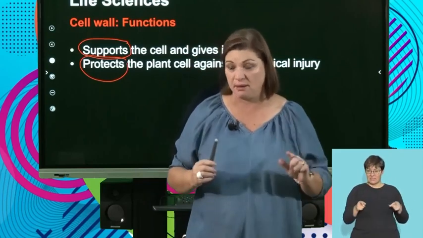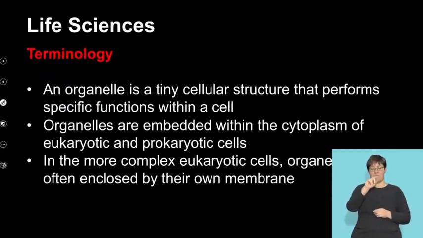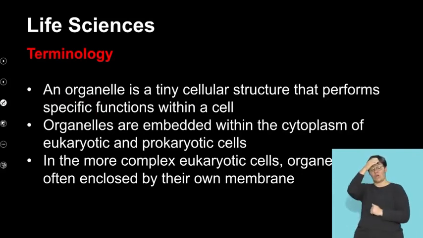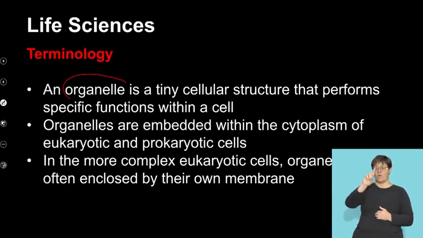but animal cells and plant cells are going to have a cell membrane. Okay, guys, now we're going to look at the last concept in our cells, and this is what an organelle is. Now, very often you get confused with the words organ and organelle.